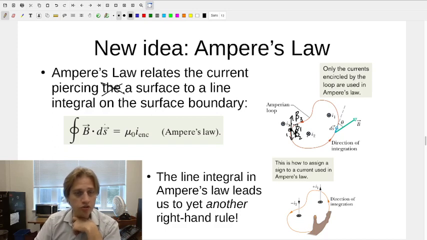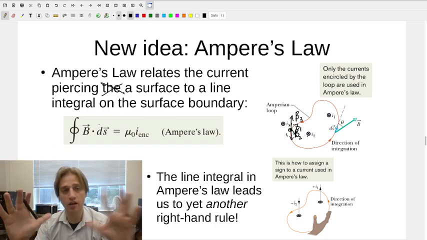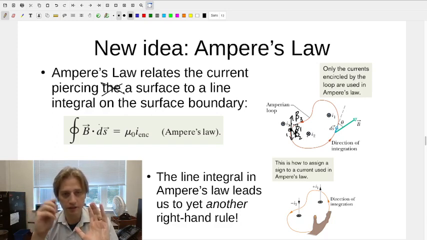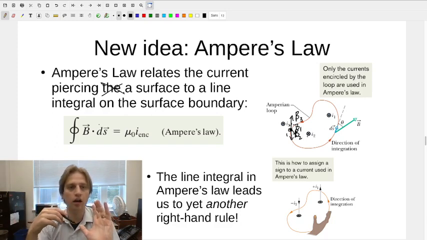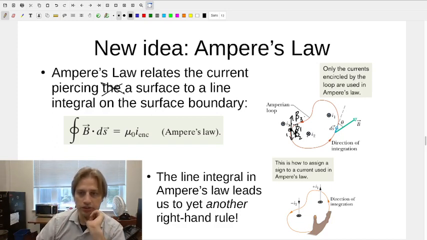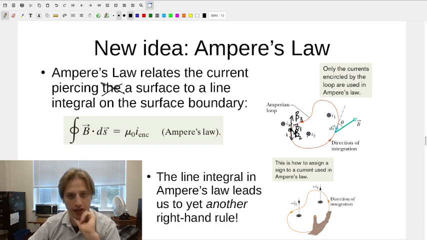Okay, so just like in Gauss's law, we were taking a surface and then we could relate the flux to the sum of the charges inside of the surface. Here we're taking a line integral around a loop and we're relating it to the currents that pierce that particular loop.